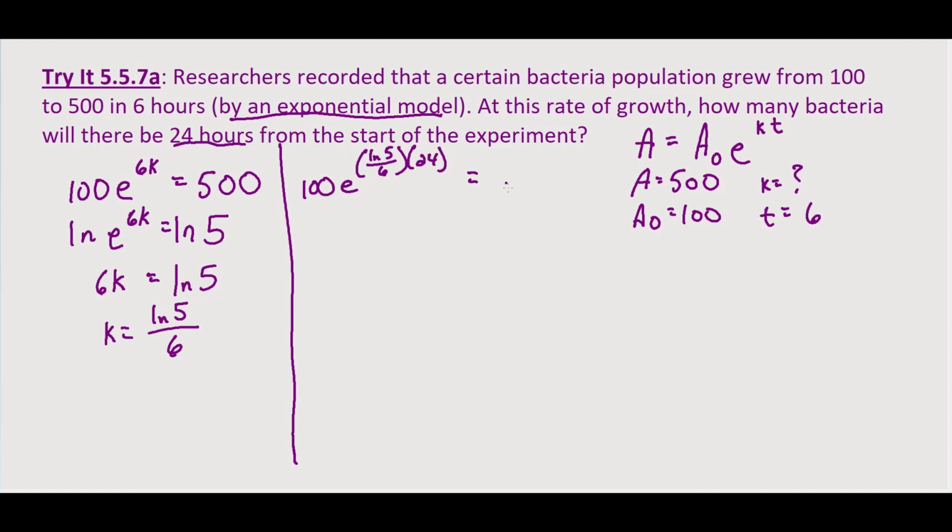And that's the ending amount that we're looking for. If we simplify, 24 divided by 6 is just 4. So this is 4 ln of 5.